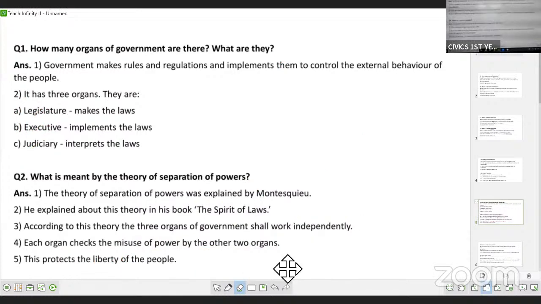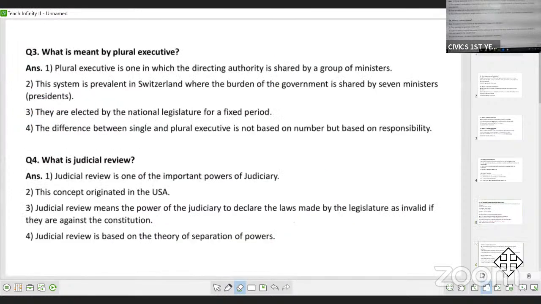The next is, what do you mean by plural executive? Plural executive is one in which the directing authority, the power, is shared by a group of ministers.